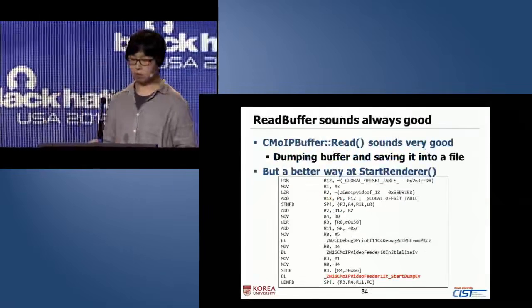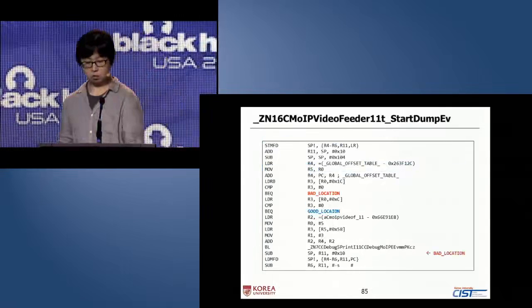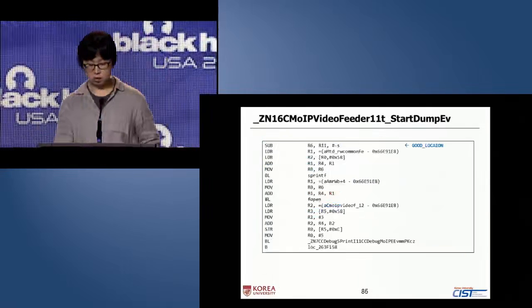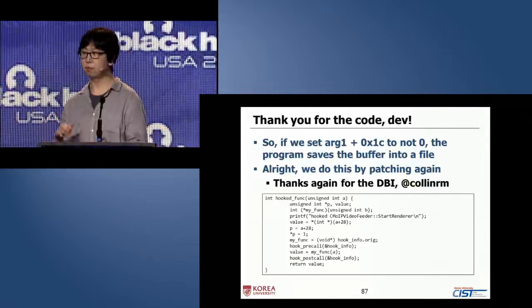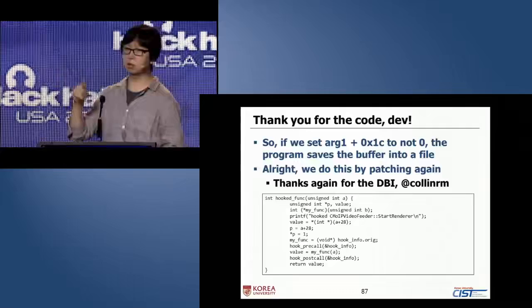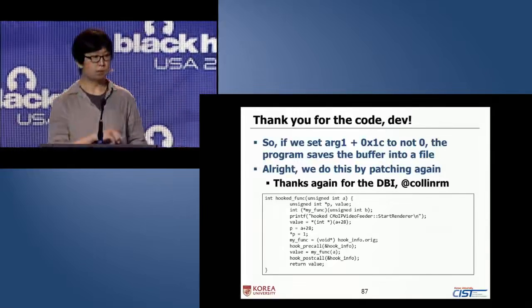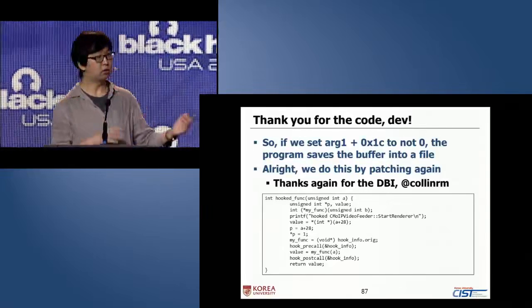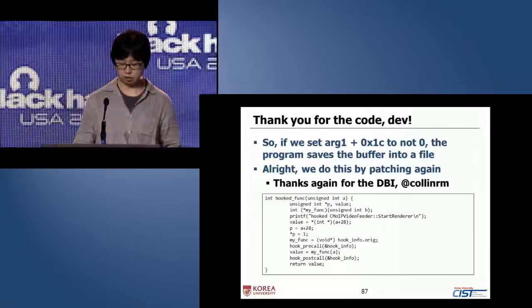If you can read the ARM code, to jump to the good location you have to set the argument plus 0x1C to not 0, for example 1. Using that code, you set the value to 1, and after that it will dump the video buffer into a file in the file system.